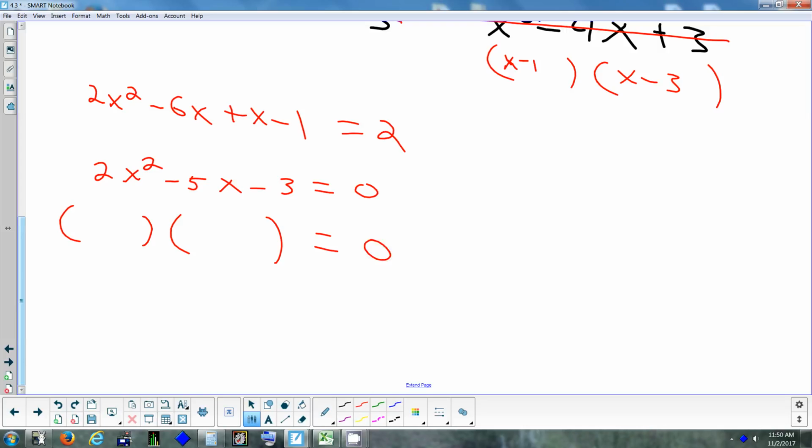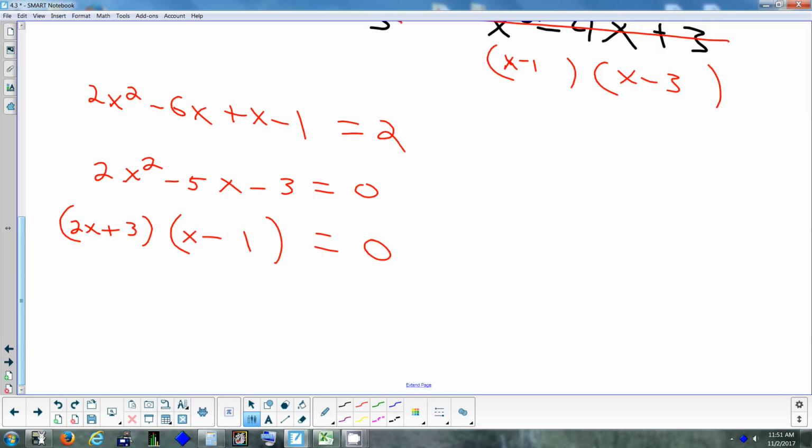What would my first terms have to be? 2x and x. It's got to be 2x and x. Because I have a negative constant, I got to have a plus and a minus. Let's just try them in that order. If that doesn't work, we can always switch them. And then we need a 3 and a 1. Where should the 3 go?